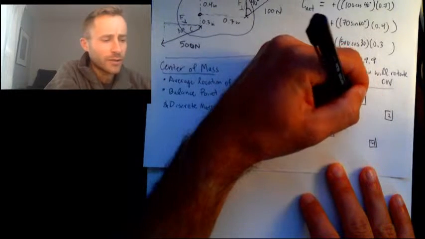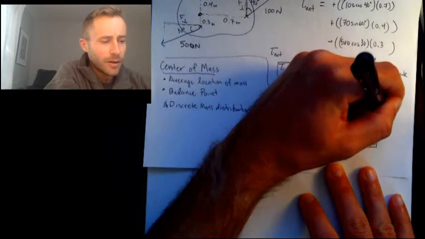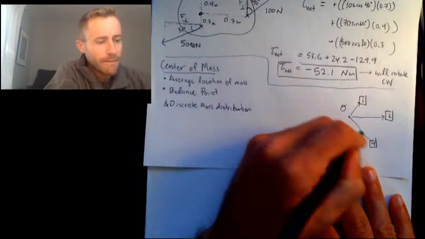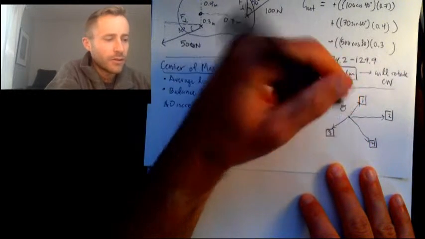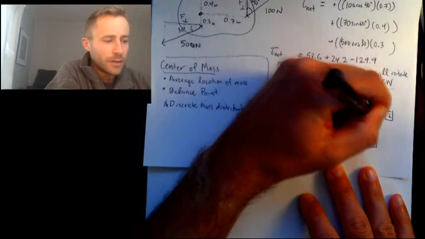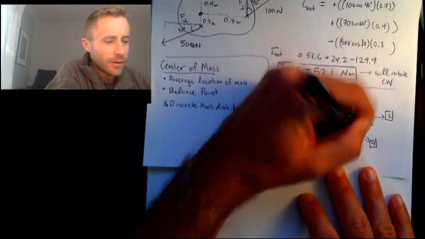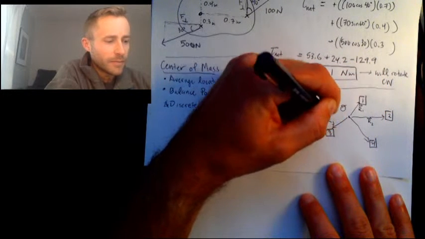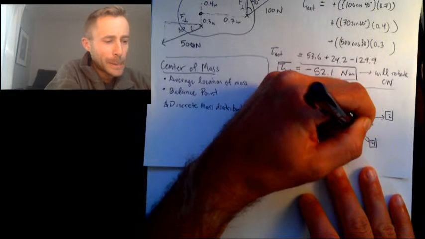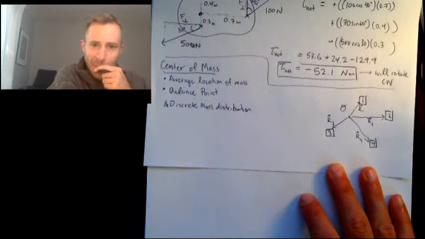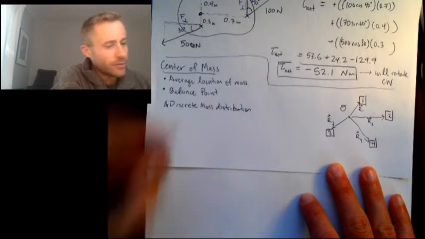And each of these masses has its own position vector. Okay? So you have R1, R2, R3, R4.